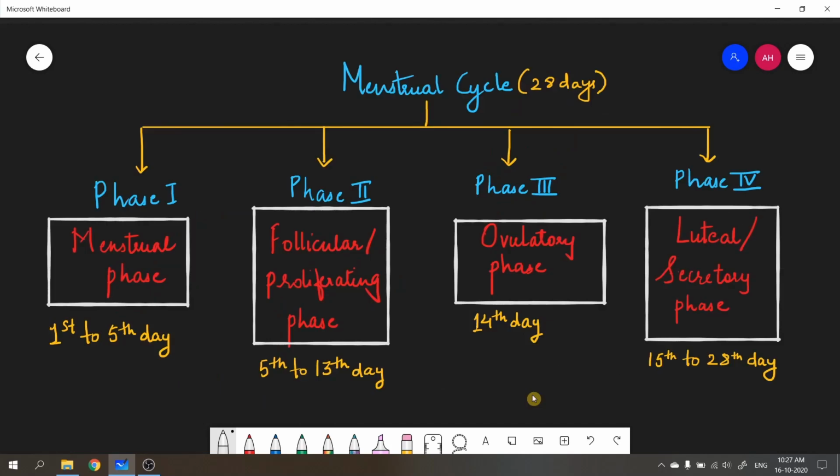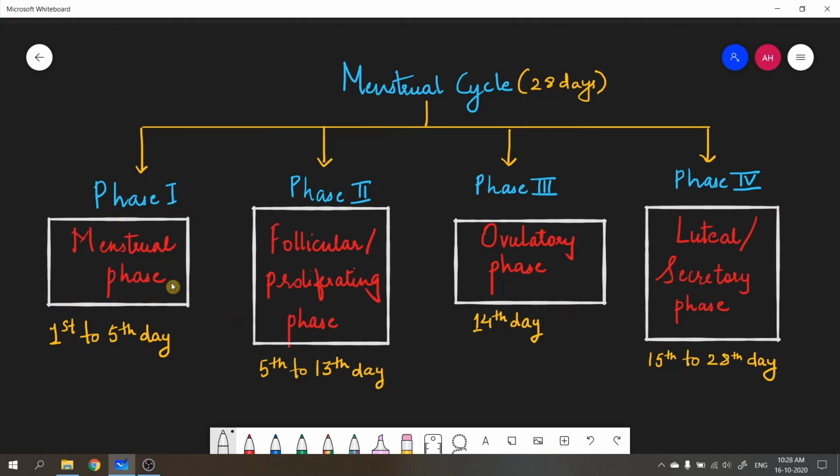Now here I have shown a brief overview of the entire menstrual cycle. As we know, the menstrual cycle lasts for around 28 or 29 days, and the entire cycle can be divided into 4 phases: phase 1, phase 2, phase 3 and phase 4, and I have listed the names of these phases.